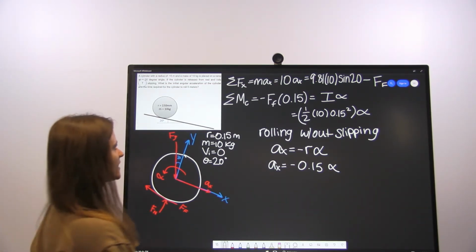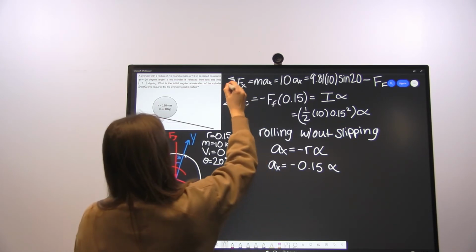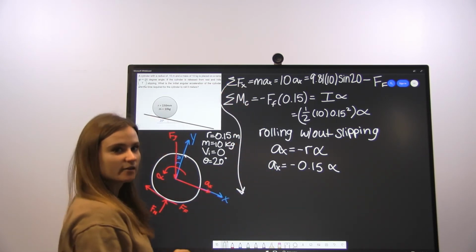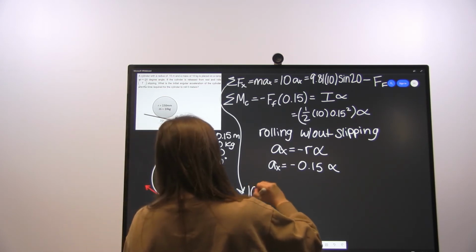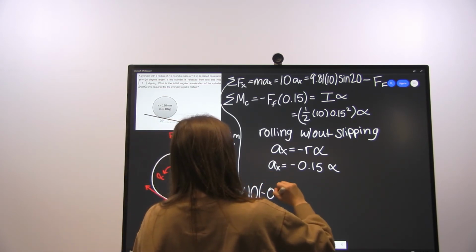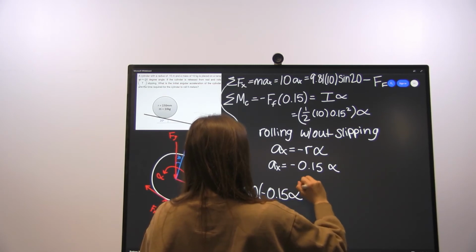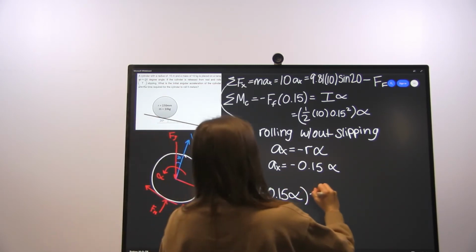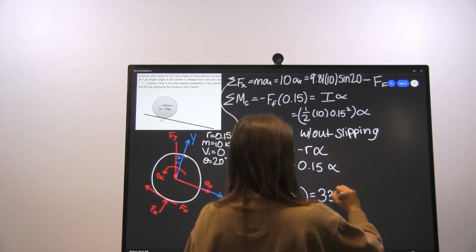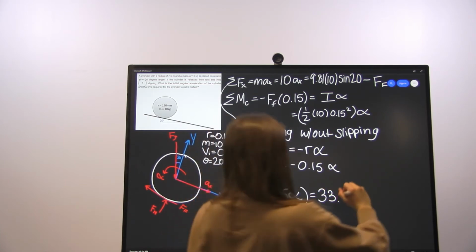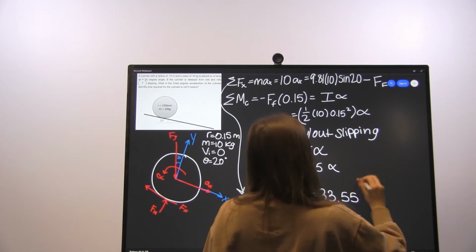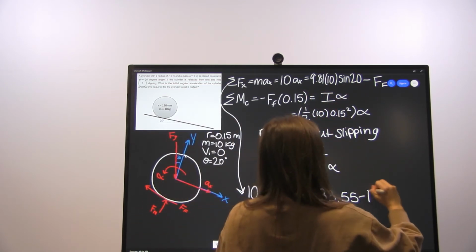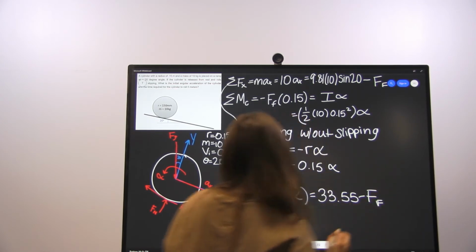When we're plugging into our sum of net forces in the x direction, we get 10 times negative 0.15 angular acceleration, and that's from this value here, is equal to 33.55, which is just this simplified, minus force of friction.